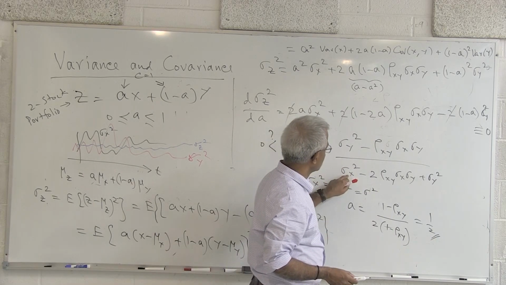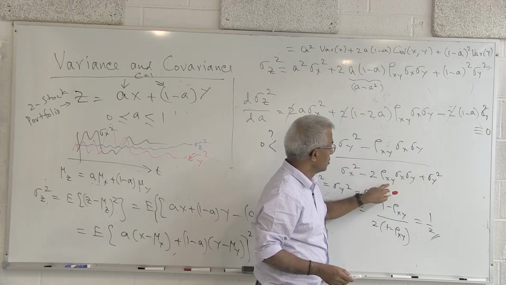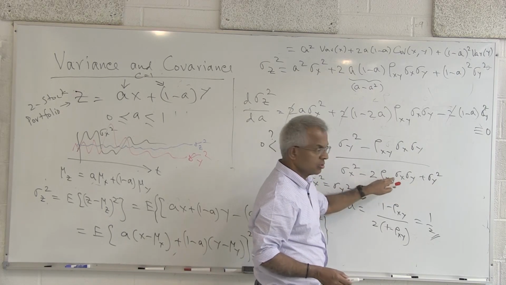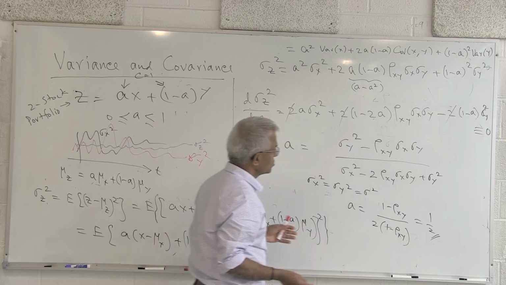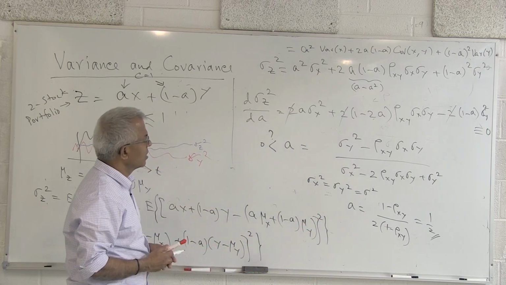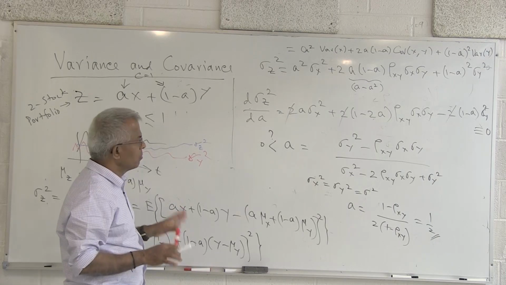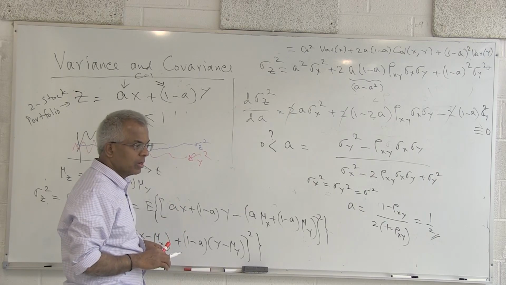This is 1, this is 1. These things are all sigma squared. So 2 minus 2 rho xy. Which means that if they are equal variance, another interesting thing is, it doesn't matter what the correlation is, put 50% of the money into each one.